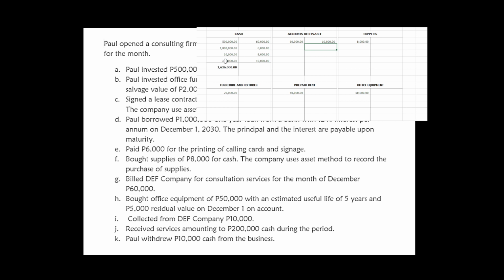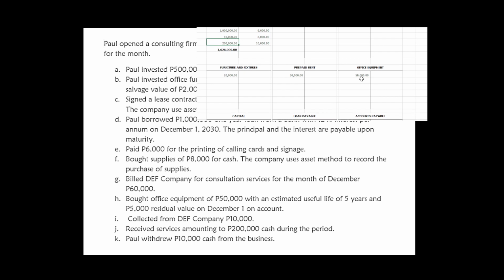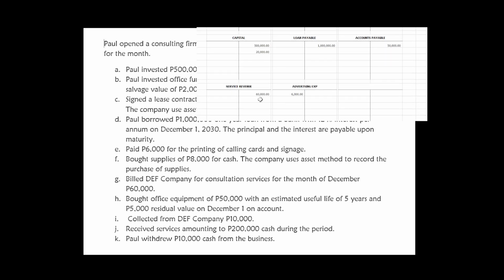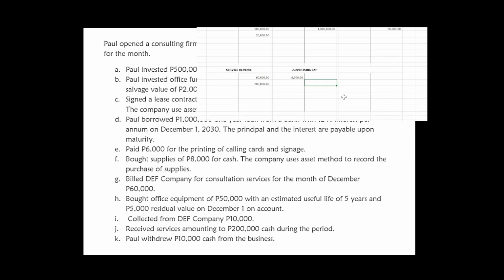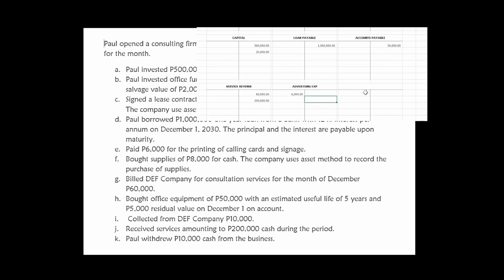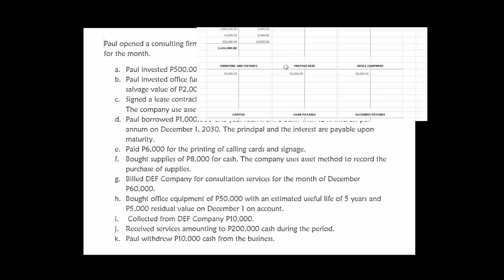Debit cash and then credit tayo ng service revenue of 200,000. And then lastly, we have withdrawals, or drawings, yung tawag natin. Debit tayo, drawings, 10,000. And then, credit tayo ng cash of 10,000.